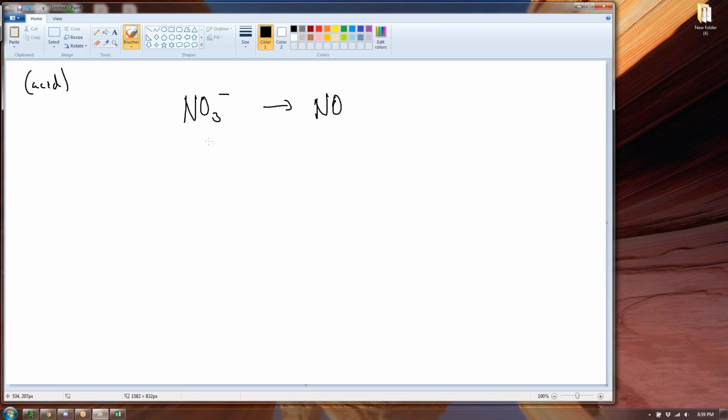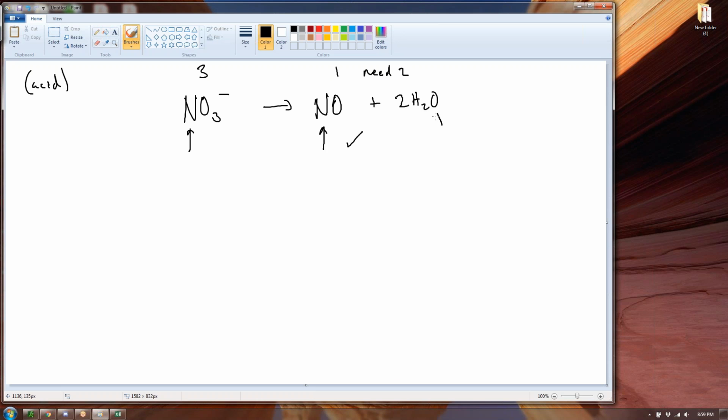First, anything that is not oxygen or hydrogen, you make sure that it's balanced. The nitrogens are balanced, check. The next thing is, in acidic solution, in order to balance oxygen, you need to add water to the side that needs oxygen. This side has 3, this side only has 1, so you need 2 oxygens, so you add 2 waters.